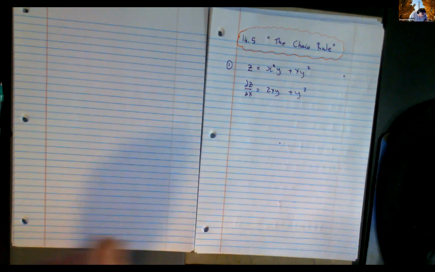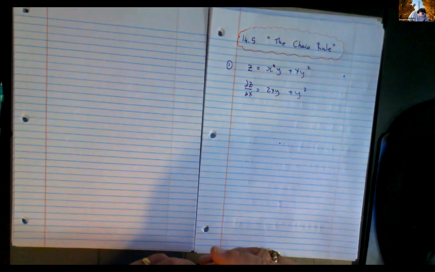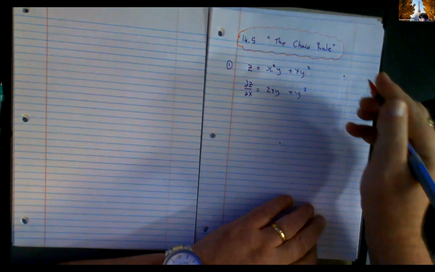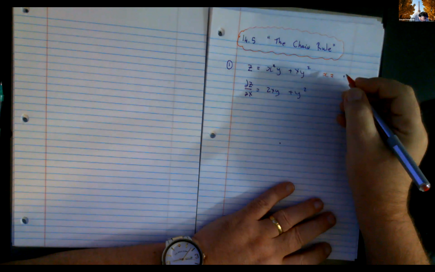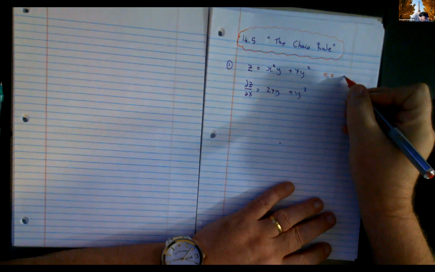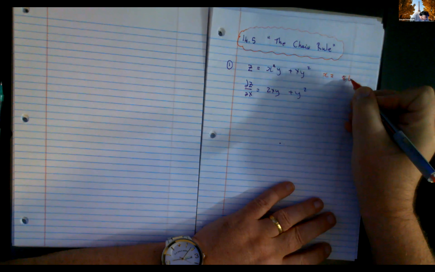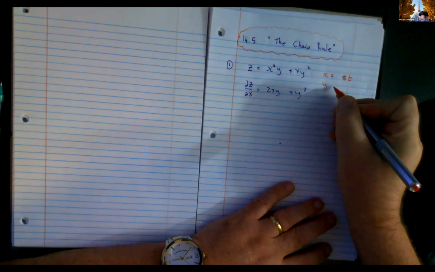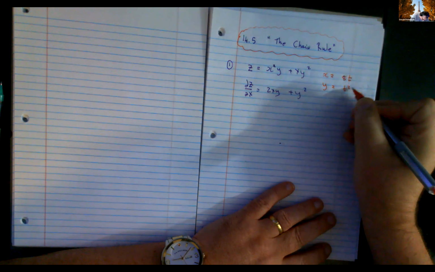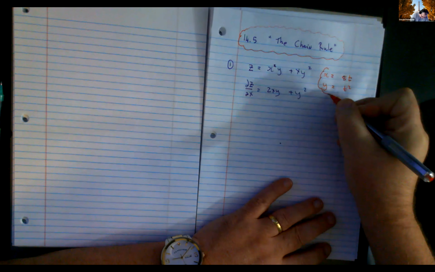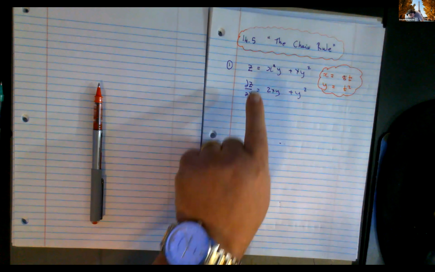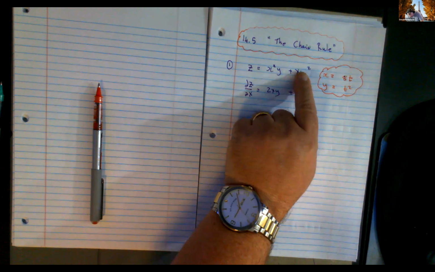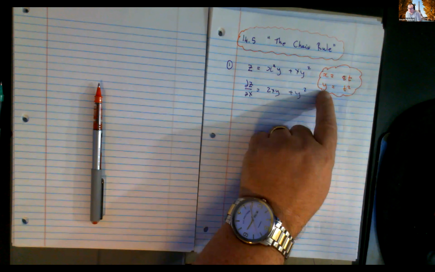So what we're now going to add is an extra piece of information. And in this extra piece of information, we are told that x is 8t and that y is t squared. So essentially, z is a function of x and y, but x and y are themselves functions of another variable called t.